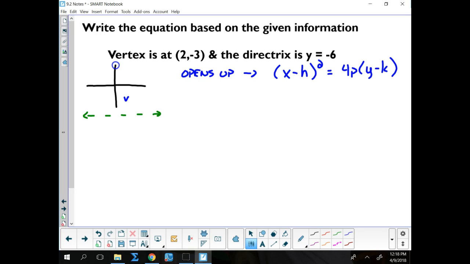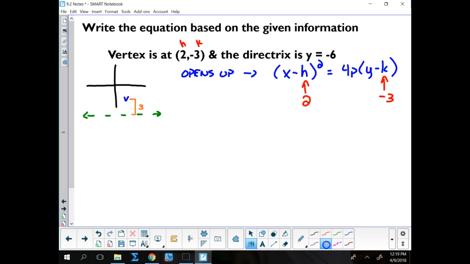I know that 2 is h and negative 3 is k. I also know that the distance from the vertex to the directrix is 3, because it went from negative 3 to negative 6. So that's a distance of 3.